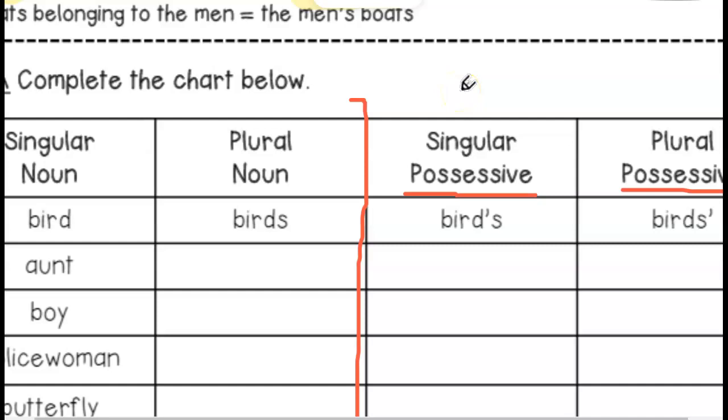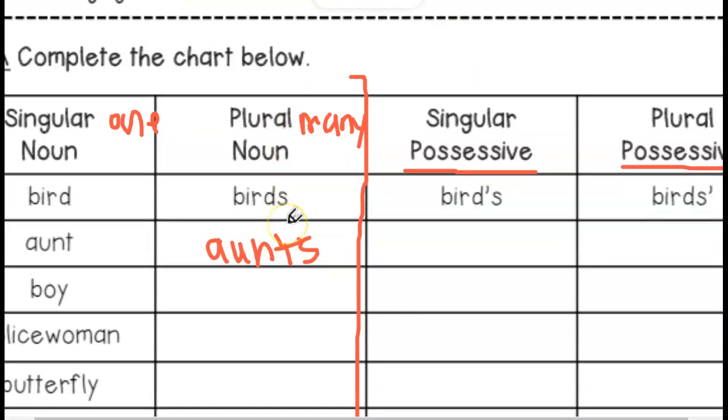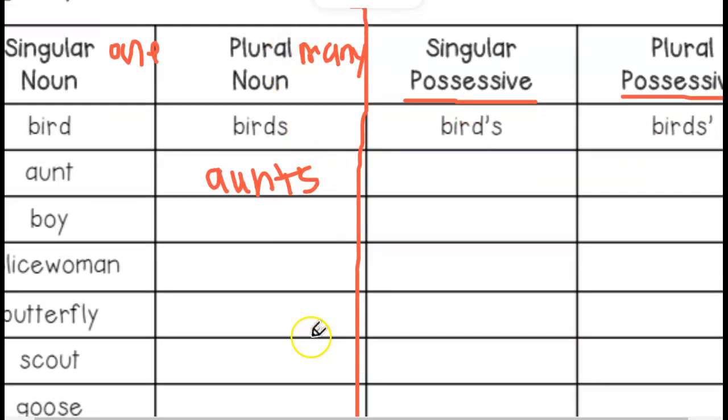So let's start with ant. We have one ant, or we can have many ants. Let's stay in the same column. That'll be the easiest way for you to do it. Go down the whole column and then go to the next part.